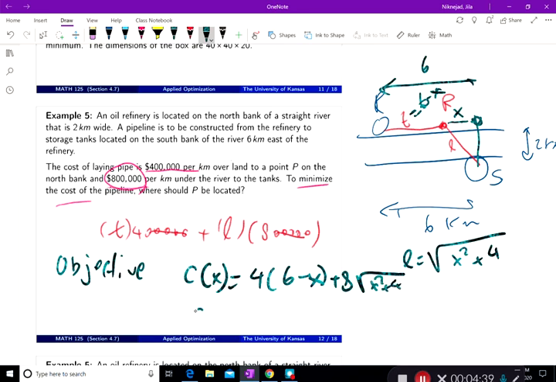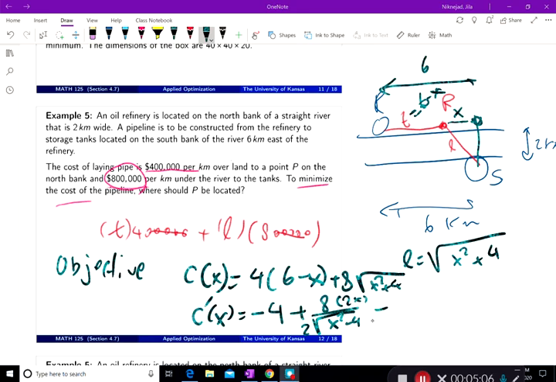Then you take the derivative, and that would be negative 4, because 4 times negative 1, plus 8 divided by the square root of x squared plus 4 times 2, and 1/2 times 2x.